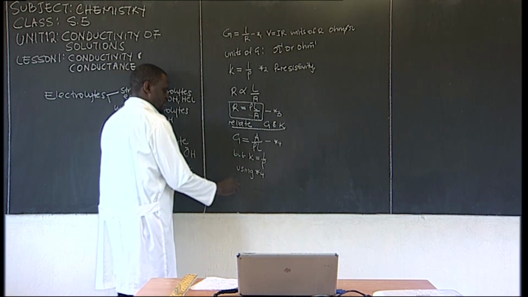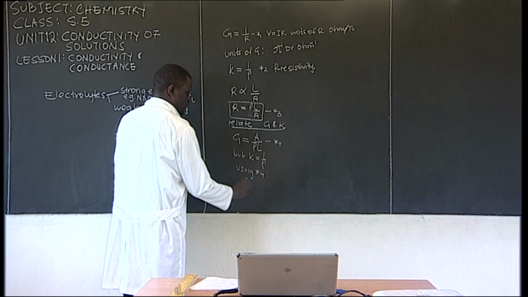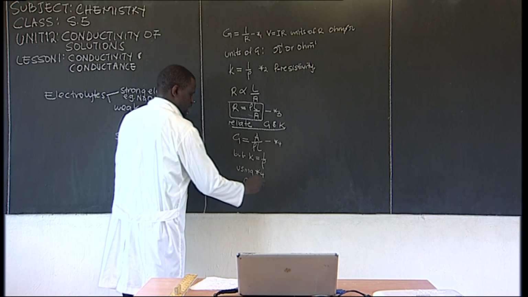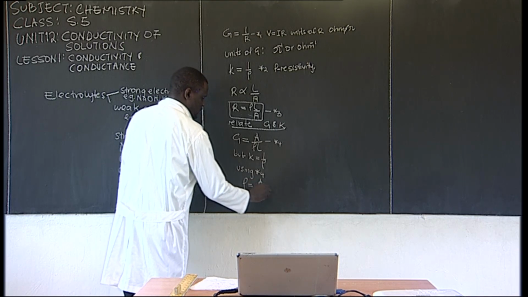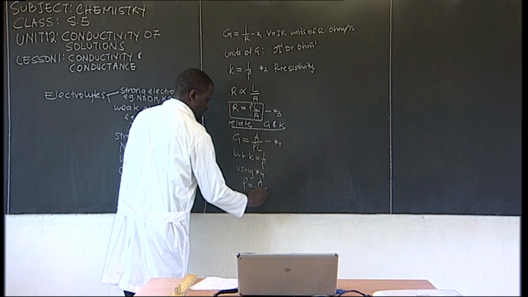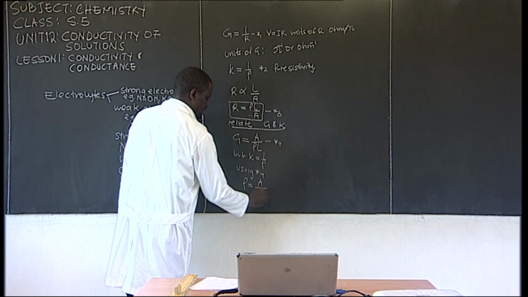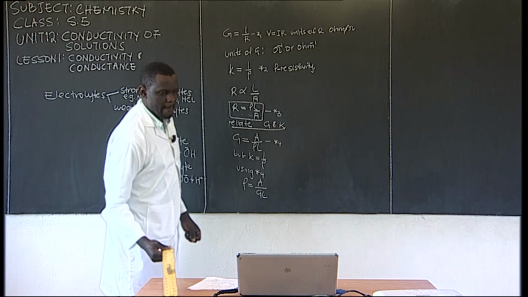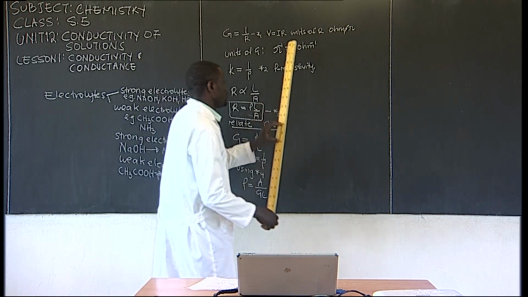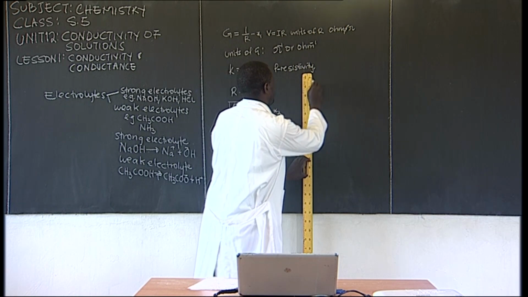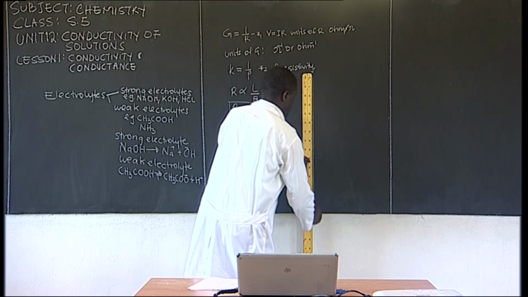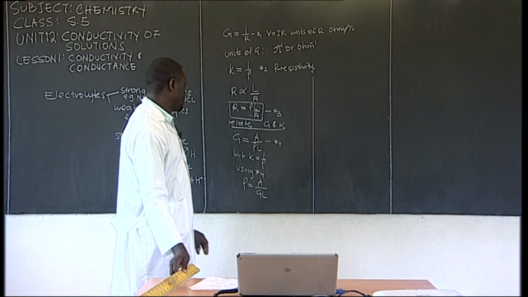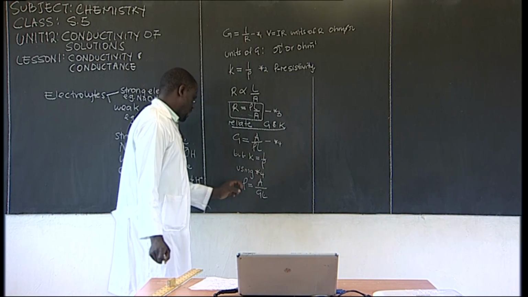So we say resistivity is equal to A over GL, conductance times the distance between the plates. Hope you are following. So we have now this one.